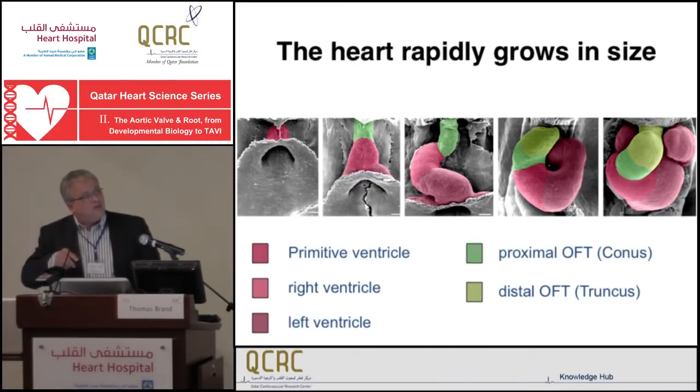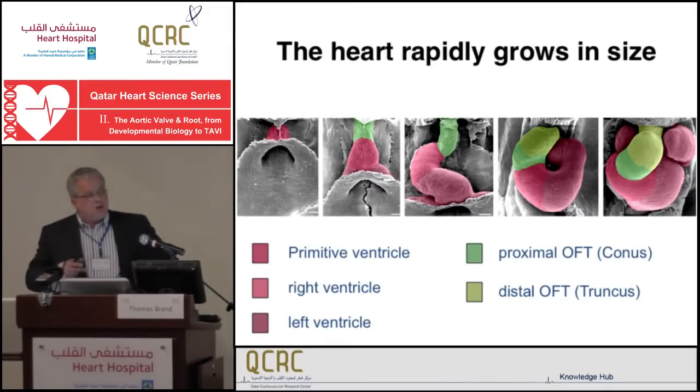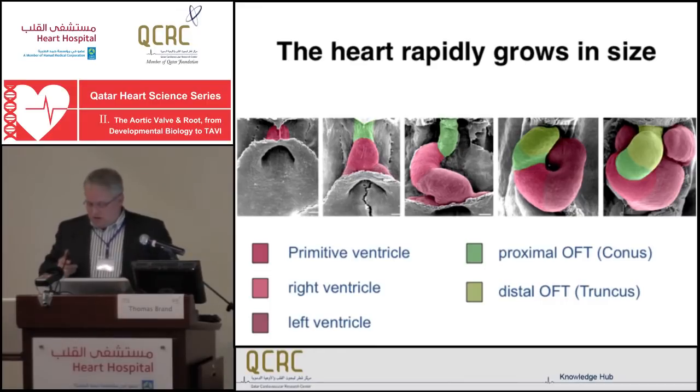Initially you have this small population of cells, the blue population that I've shown you, and then cells are added to extend this in length. This is further growing, and this second population is there to generate more myocardium.